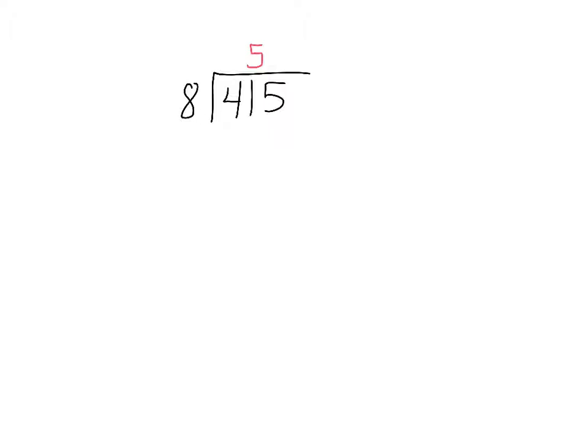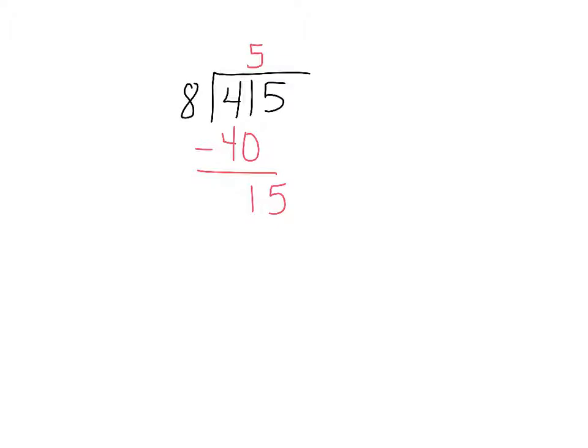Then I take that 5 times the divisor. 5 times 8 is 40, and I put 40 down here. Then you subtract, and 41 minus 40 is just 1. And then you bring your next number down. Is this all coming back to you from 4th grade, or whenever you learned to do long division?